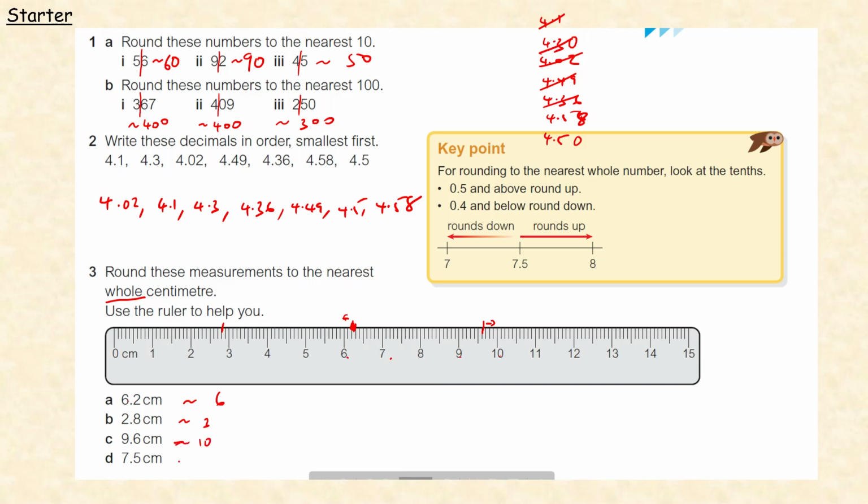And I've got 7.5, and remember if it's 5 or more we round up, so that's going to be approximately 8.